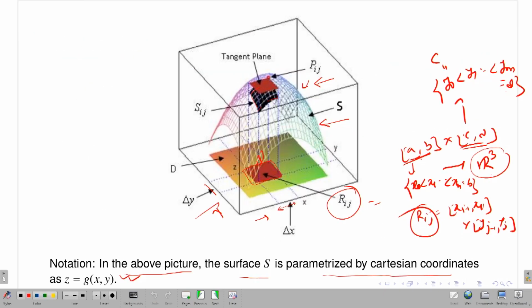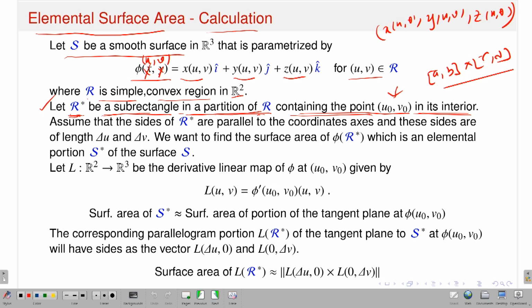So if I take this point, say u0 v0, and suppose this is my R star, in picture it's like that. Now assume that the sides of R star are parallel to the coordinate axes and these sides have length del u and del v.